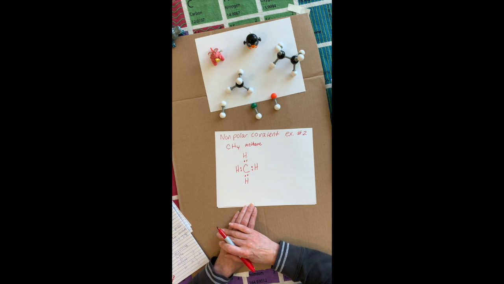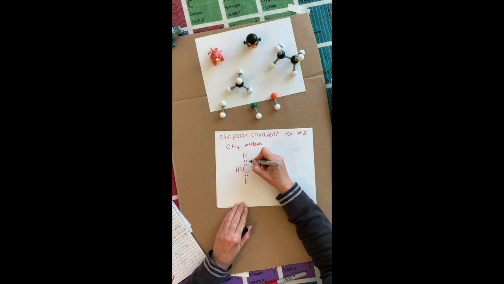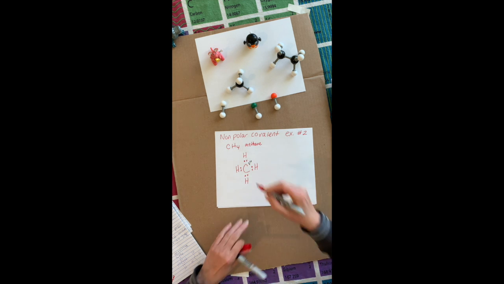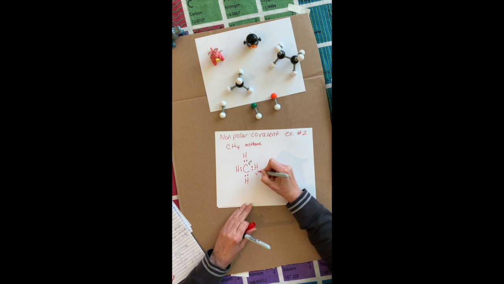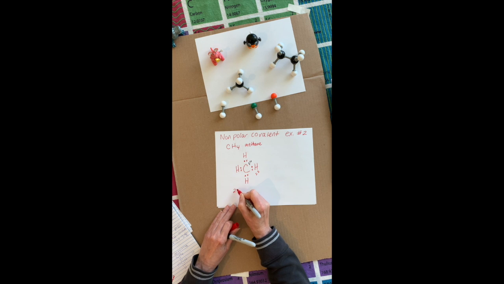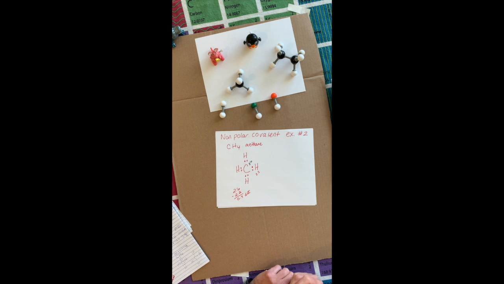If we look up the electronegativity of these atoms, carbon has a 2.6 electronegativity. Hydrogen has a 2.2 electronegativity. So 2.6 minus 2.2 gives us a 0.4 electronegativity difference.